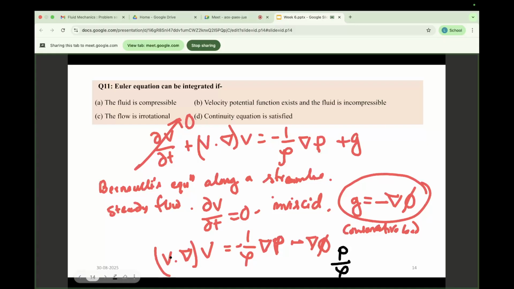It's minus, so I am just considering it at that side. The 2v is there, so integrating it will be v square by 2, plus the potential, and that is constant. So that is the Bernoulli's equation, but that is along a streamline.